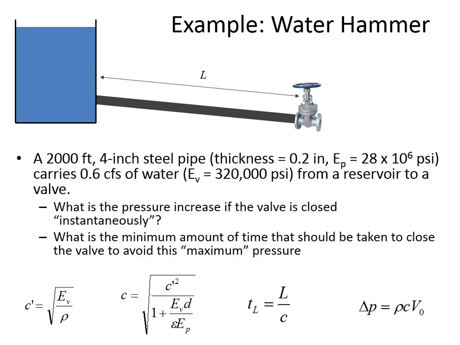Okay, so that tells us that the maximum pressure increase because of the shock wave is going to be 58,649 pounds of force per square foot, which if you divide that by 144, that is 407 psi.